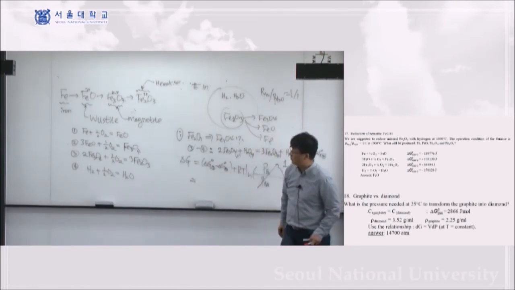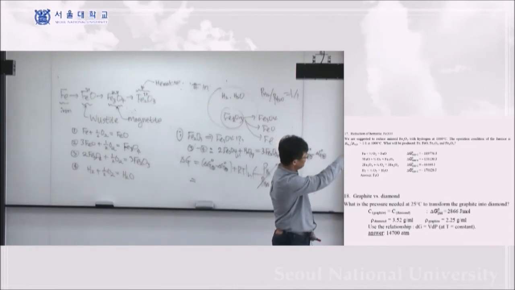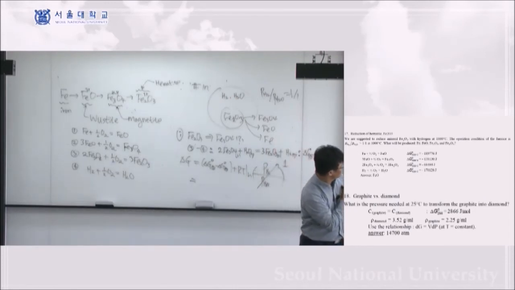So this is the same as 3 minus 4. If you look at 3 and 4, 3 is minus 68494, and 4 is minus 178128. So 3 minus 4 will be positive, isn't it? It should be a positive term.